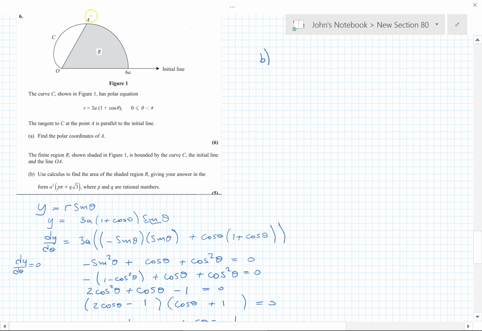Right, now here we've got the line, if you like. We've already found the polar coordinate for this, but this is the line theta is equal to pi by 3 and naught. So this is sweeping around. Those are our limits, just naught and pi by 3.